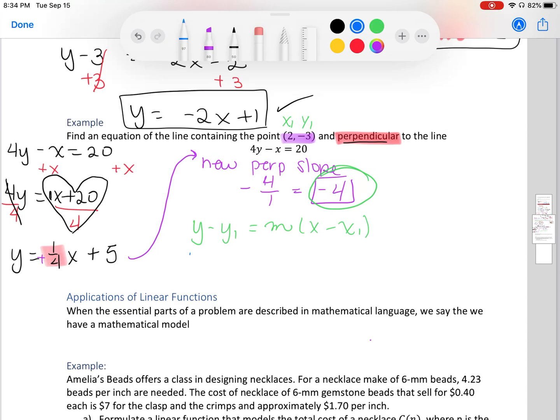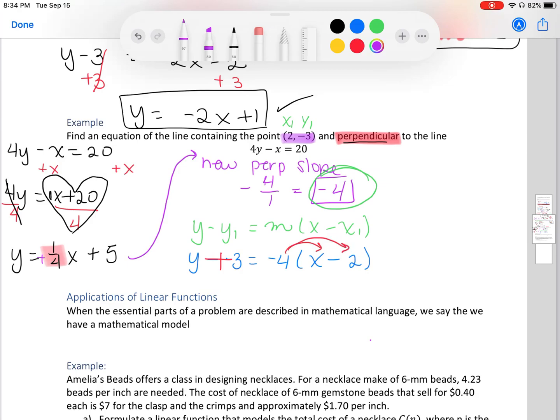So that we have y minus y1, which is negative 3, is equal to m, which is negative 4, times x minus x1, which is 2. Okay, so these two negatives make a positive, and then I'm left to distribute this negative 4.